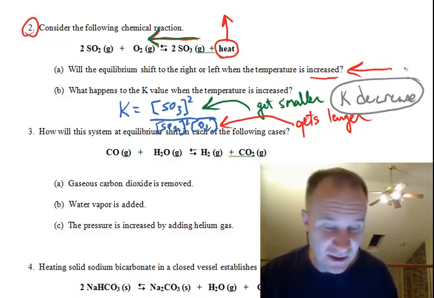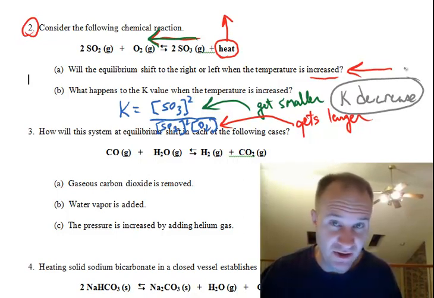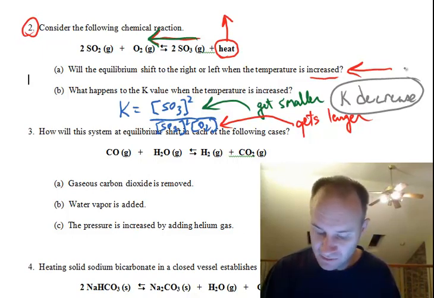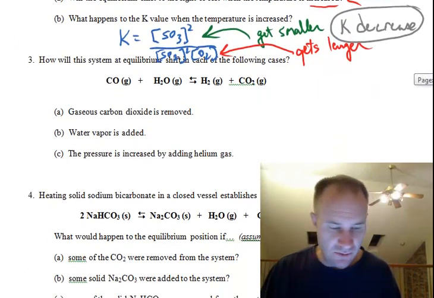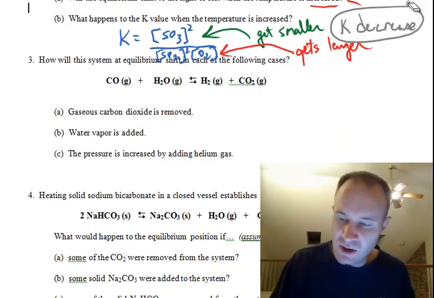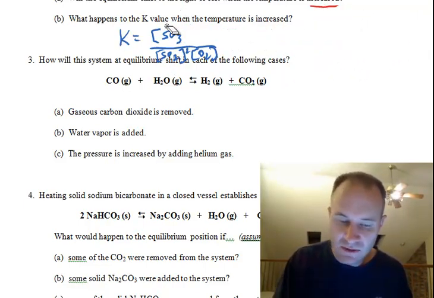Now I can't emphasize enough that K is tied to a temperature. K is tied to a temperature, and the only way we touch the K value is if we change the temperature. Okay? So that's an important thing to recognize. All right, let's crank these out. I think those are the two hardest problems, to be honest with you here. Okay, erase that.